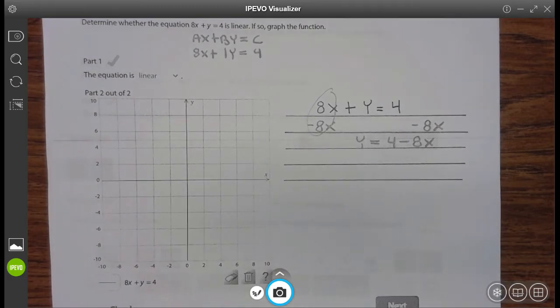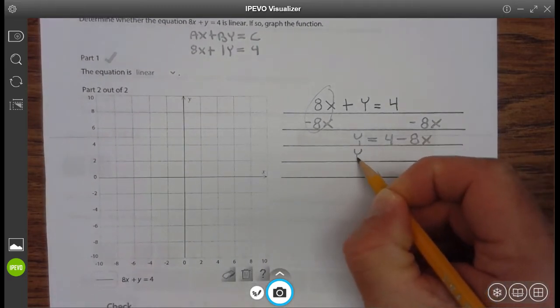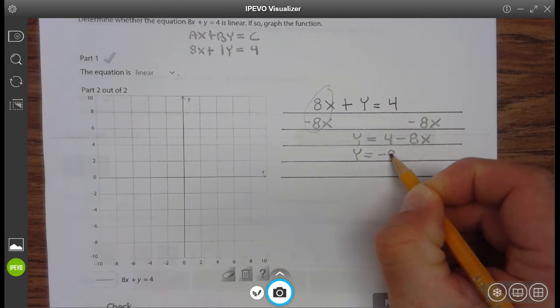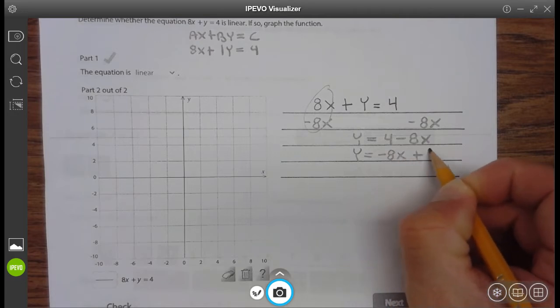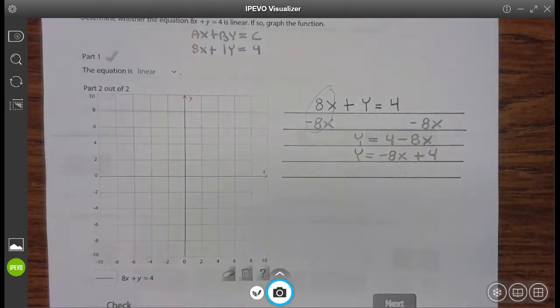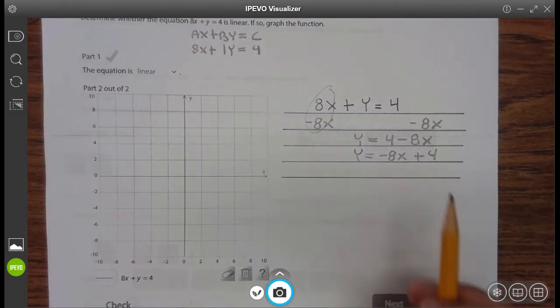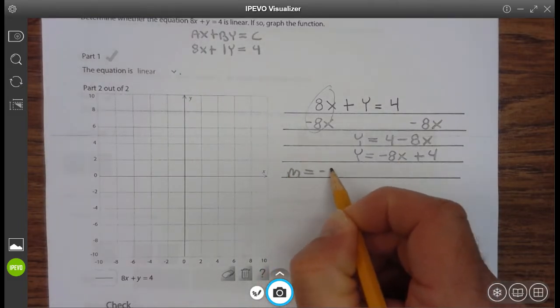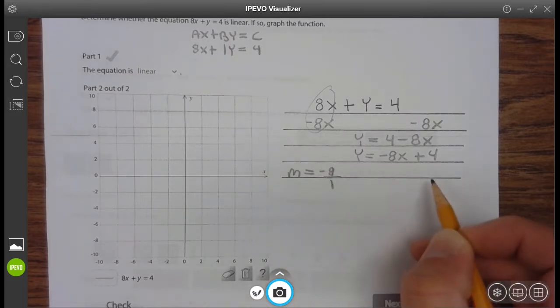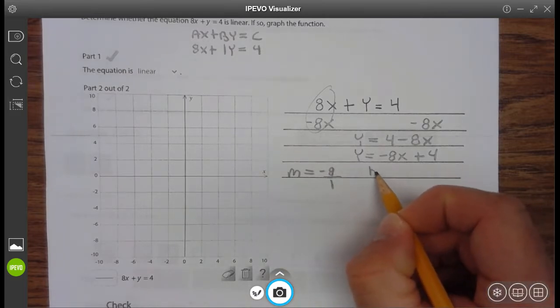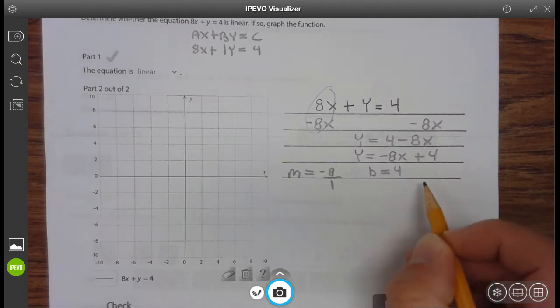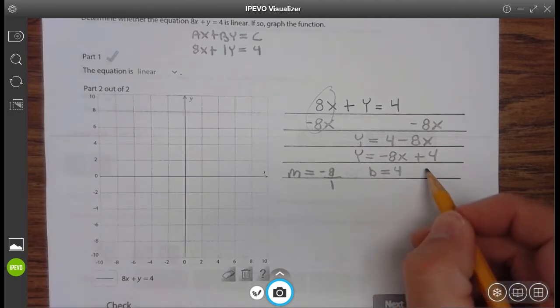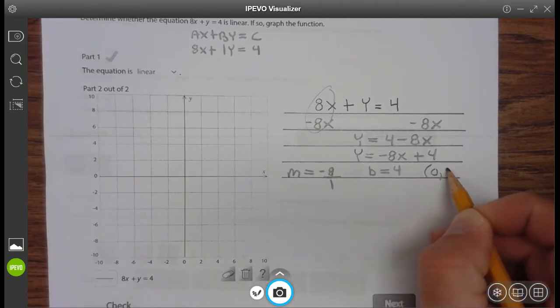Now, that equation is fine, but let's rewrite it in slope-intercept form, which is y equals negative 8x plus 4. Where negative 8 is slope, so the slope is negative 8 divided by 1, and the b value is 4, so we know we have the y-intercept of 0, 4.